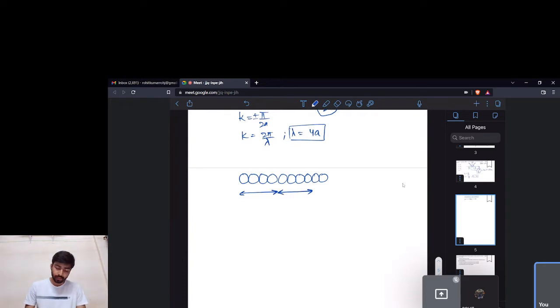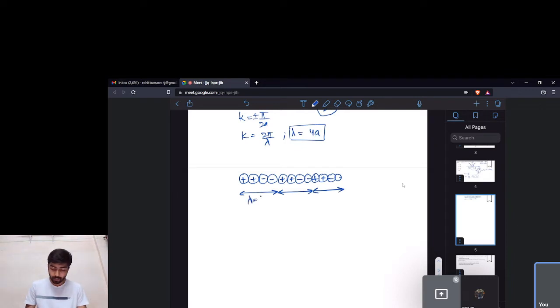So in this scenario, how can we realize this? Let's say the wave function of this standing wave present in the system is of this sort: plus plus minus minus, plus plus minus minus, plus plus minus minus.